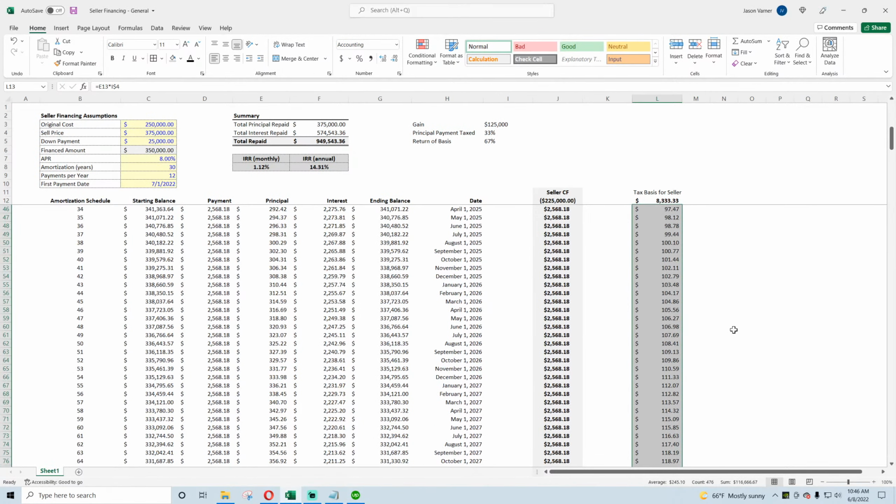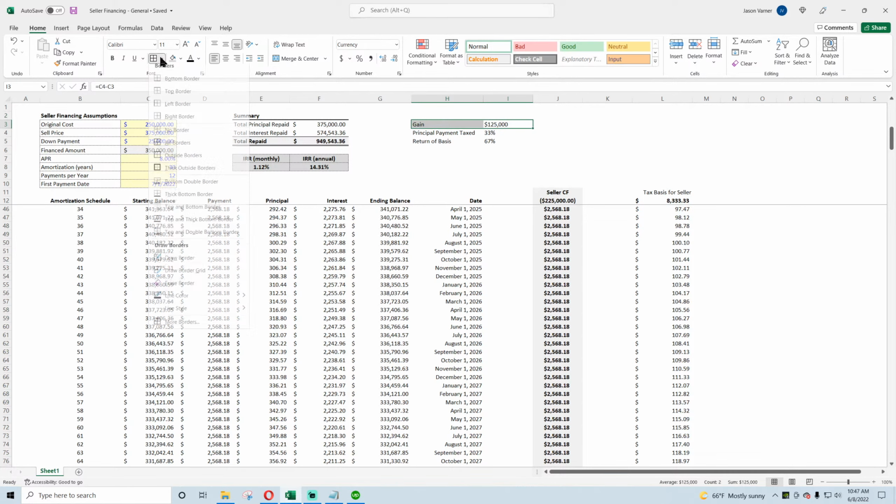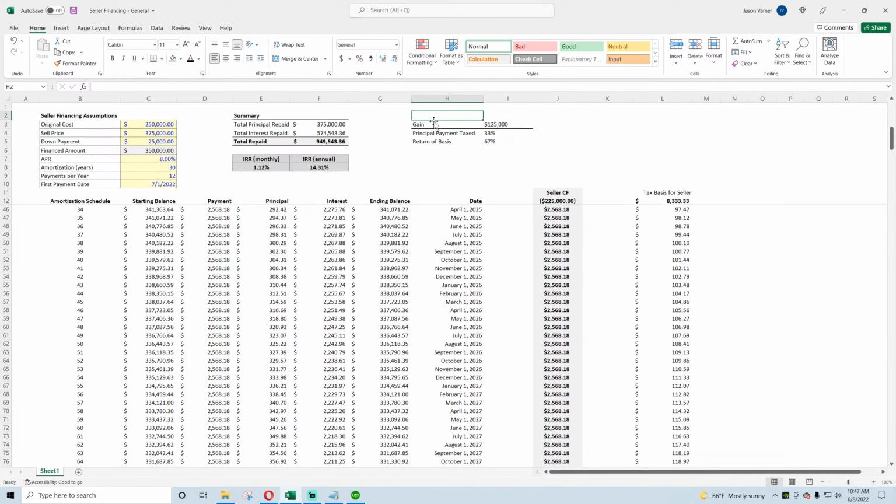And let's see. Yep, 125. So there's the tax basis. This is actually going to be a really helpful template. Gain, tax summary.